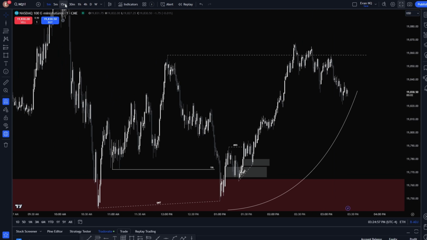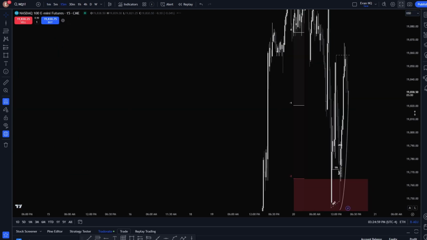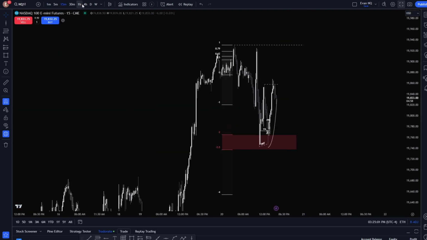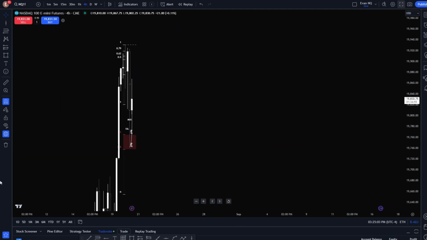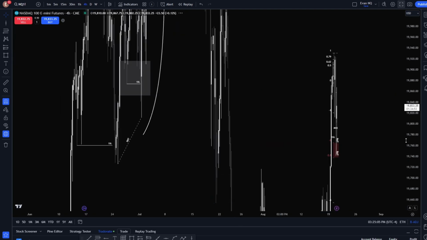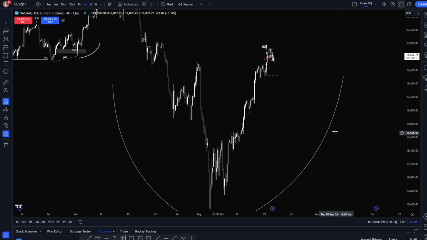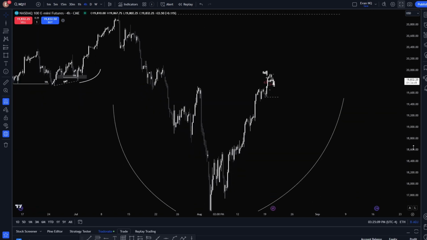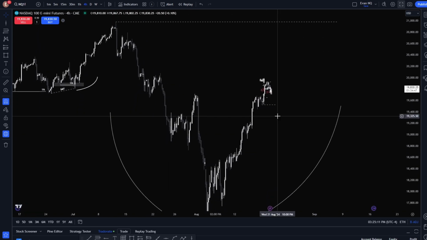So in the morning, I was bullish due to, zooming out, we're in a market maker buy model right now on the higher time frame. If you don't know what market maker buy models are, I have plenty of videos on my channel explaining that. And I'm expecting price to eventually go to all-time highs.